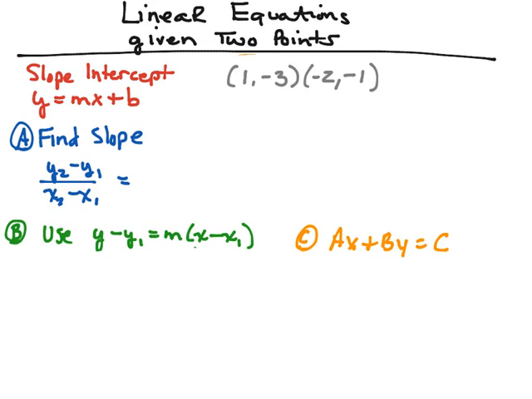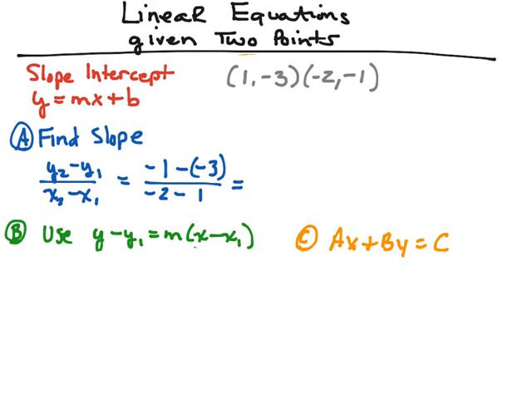So here we go. y2, that's our negative 1. We're going to subtract the first y value, which in our case is a negative 3. And then we'll do the same thing with the x's. We take the second x, which is a negative 2, and we'll subtract the first x, which is a 1. So let's go ahead and subtract here.